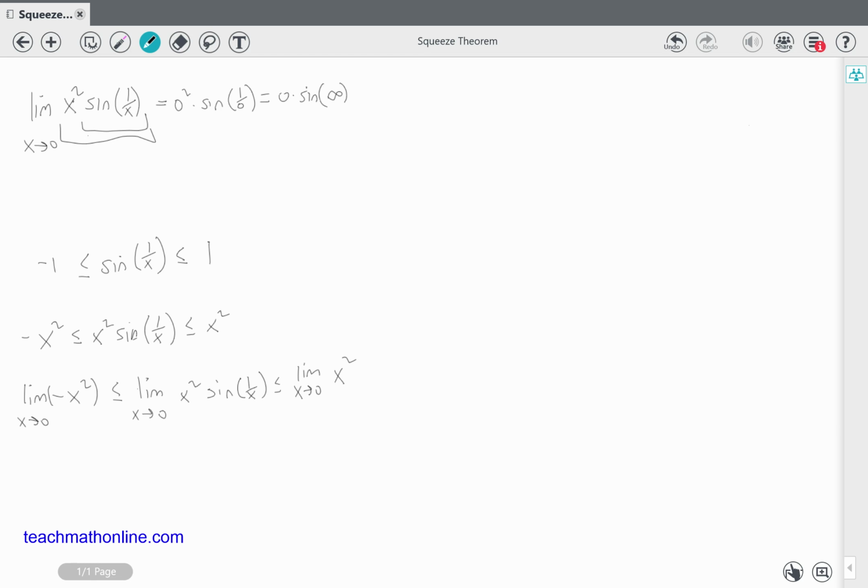So we know how to evaluate this one right here. We can plug in 0 and we get the limit as x approaches 0 is 0.